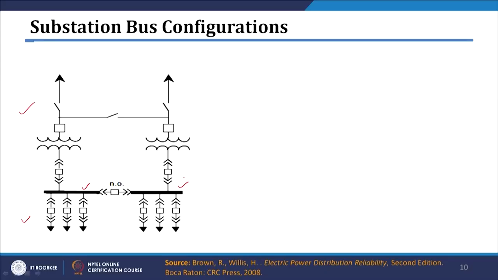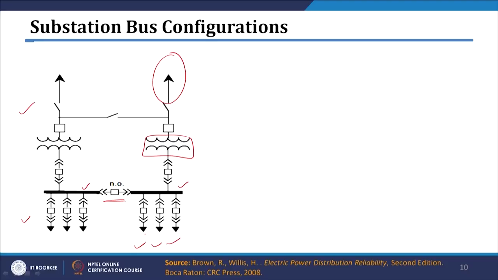So it is called a split bus arrangement, which is connected by a normally open circuit breaker. In this scheme, even if one transformer is out for maintenance, or even if there is no supply from any of the input circuits, the power will still be available for outgoing circuits. So this is the advantage of this circuit.